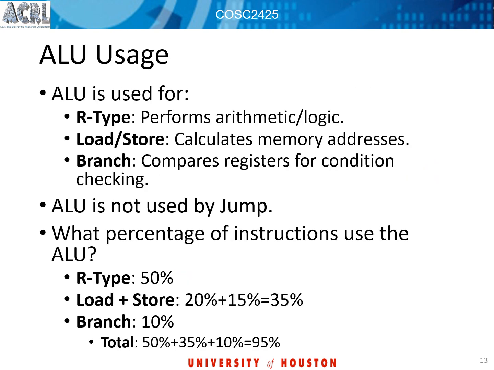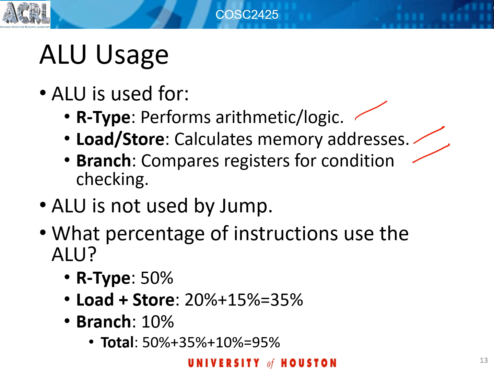Now for the ALU usage, we know that the R-type instructions use the ALU. Load and store instructions also use the ALU in order to compute the offset. And conditional branches use it to evaluate their condition.